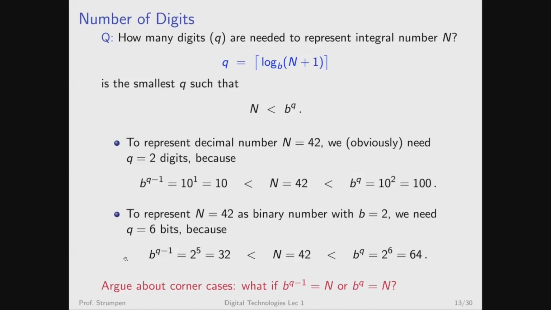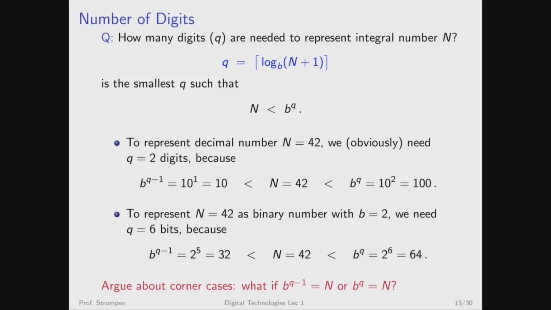The answer to this question in mathematical notation is written in blue on this slide. The number of digits that you need to represent number capital N is the log to base b of N plus 1, and take the ceiling of that, meaning the smallest integer q such that capital N is less than base b raised to the power of q.